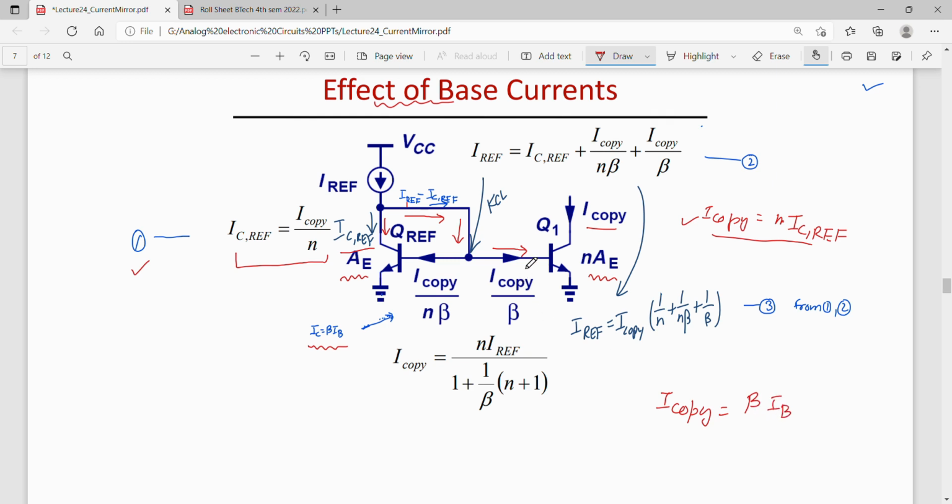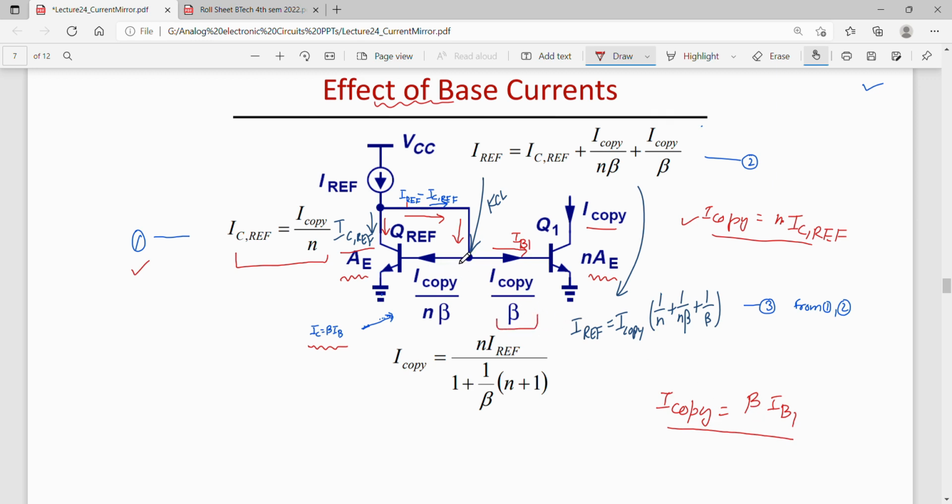Okay. That is IB1, or I would say this is IB1. Okay. Or IB1 is I copy by beta. Okay. So I can write IB1 as I copy by beta. So that is this current IB1 is this much. I copy by beta. Okay.